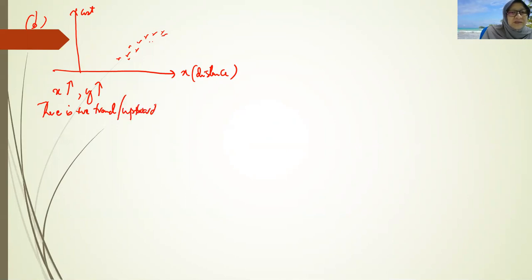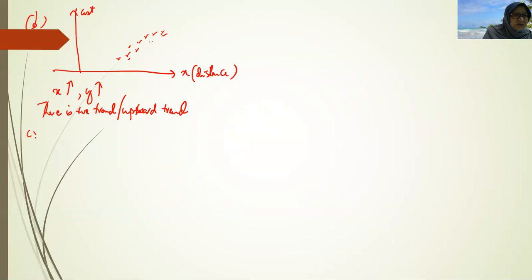So the data has an upward trend. As X increases, Y increases. When the distance increases, the cost will also increase. That is how you interpret or describe the data from the graphical representation.